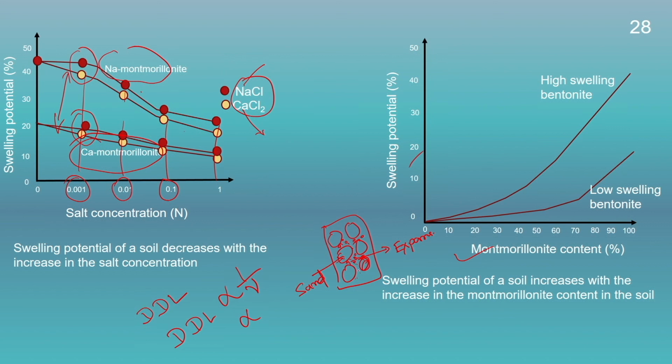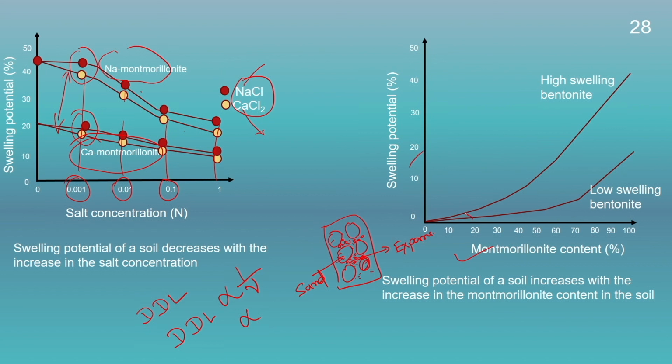As we increase the montmorillonite content over here, it will push the non-expansive soil more in the vertical direction and more will be the swelling. However, at low montmorillonite content, it may not be able to completely fill this void space or the inter-aggregate pore space or the macro pores.